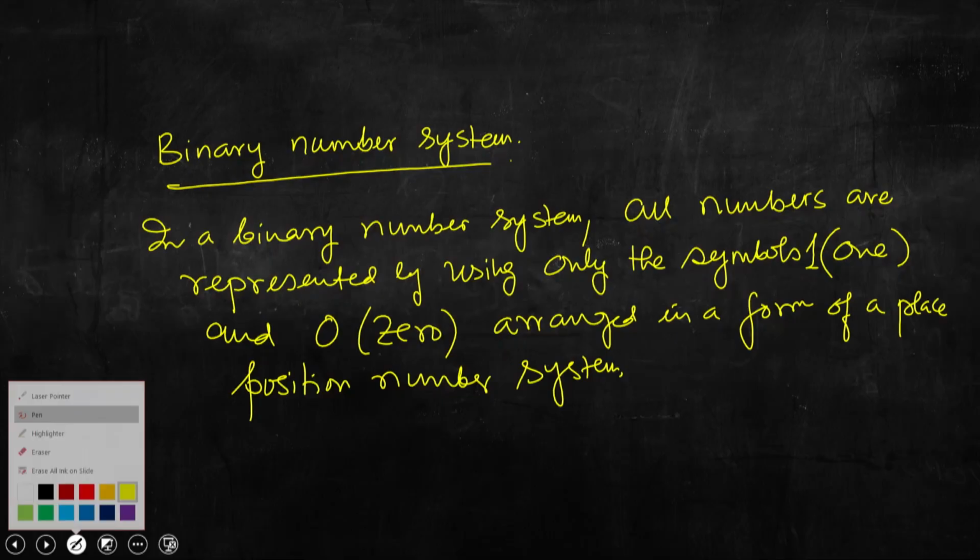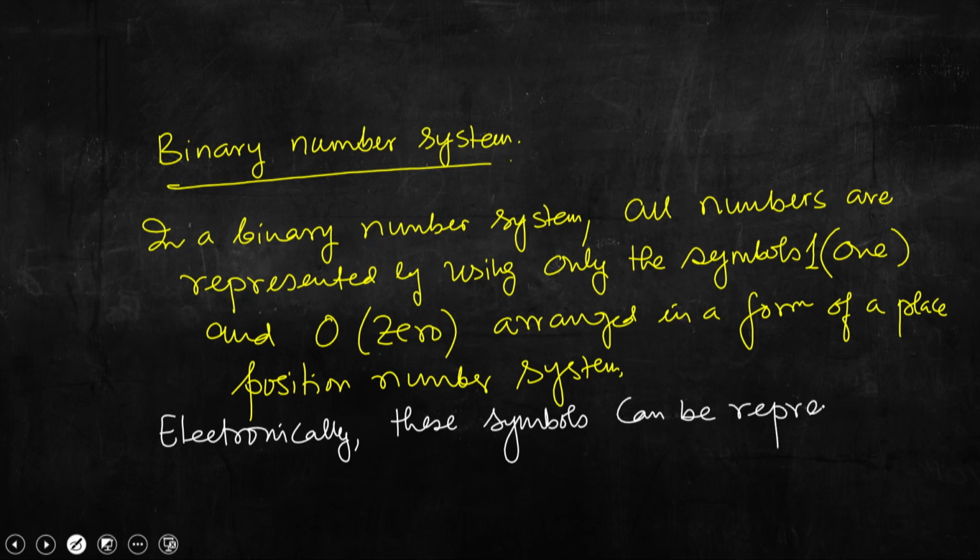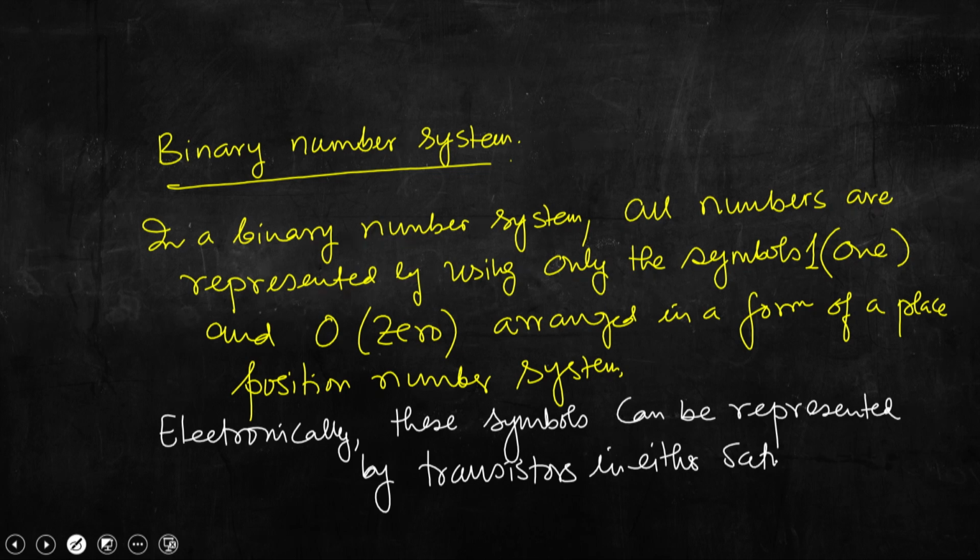So, if I write here again, electronically these symbols can be represented by transistors in either saturation or cut off. Okay. So, that is very important.